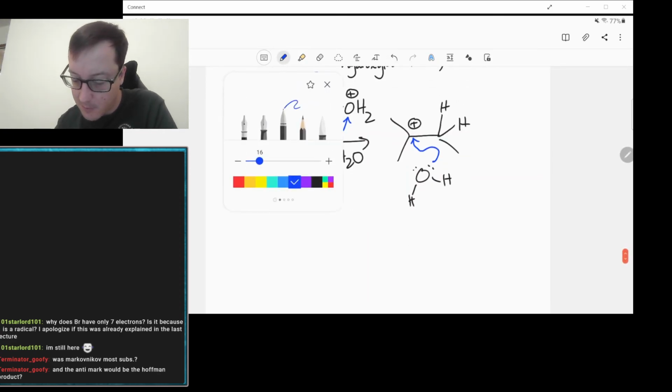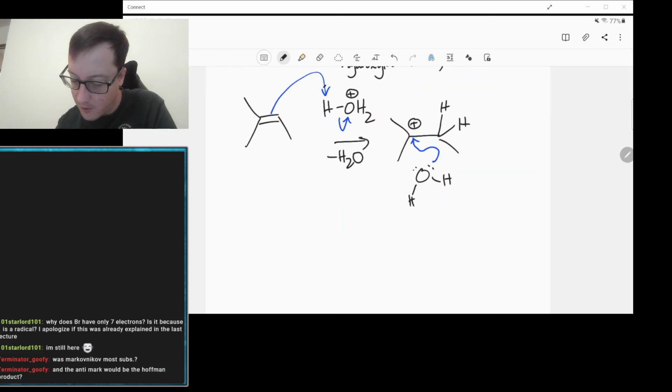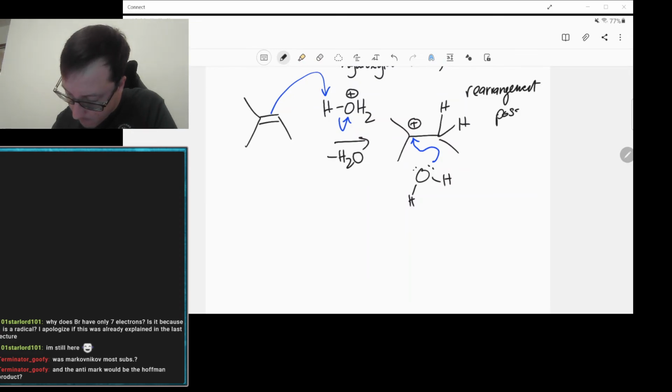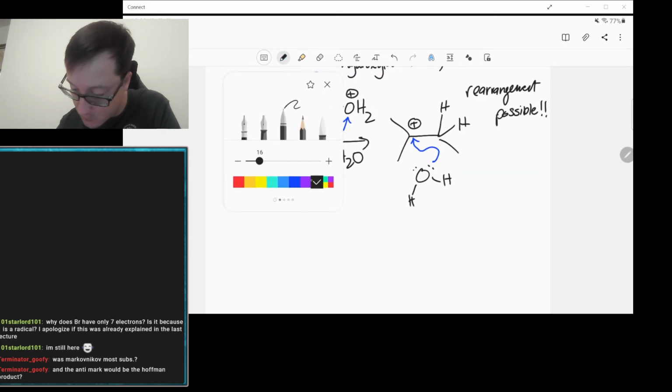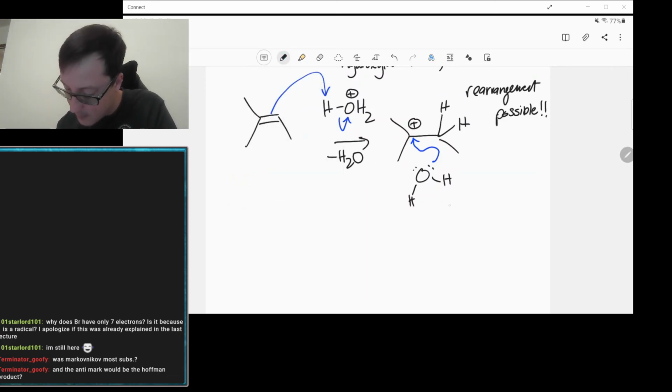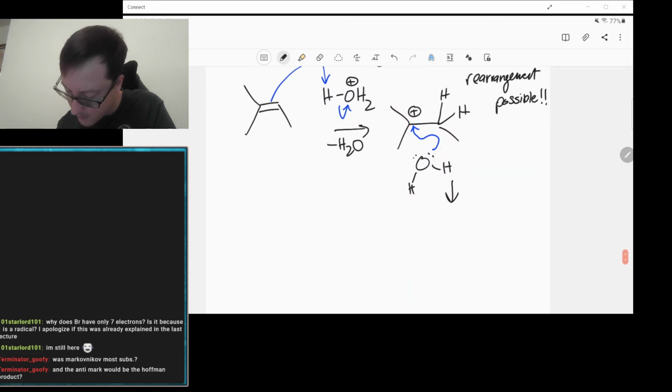Remember, rearrangements are possible. We have a carbocation. Not necessary in this case because it's already tertiary, but just be aware of that. You can get migration to happen. So once this attacks, we now have water stuck on there.